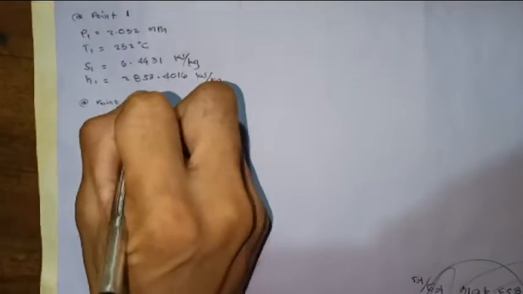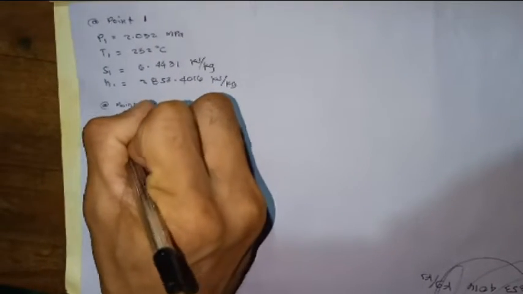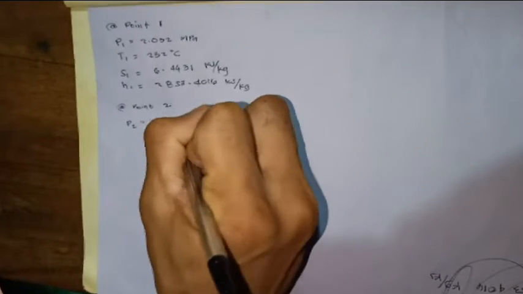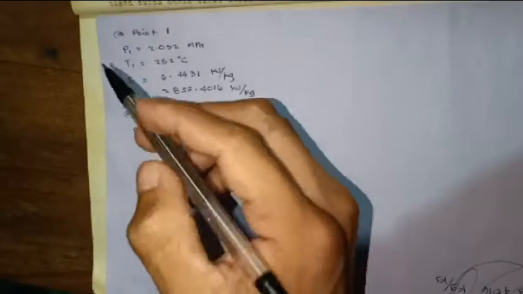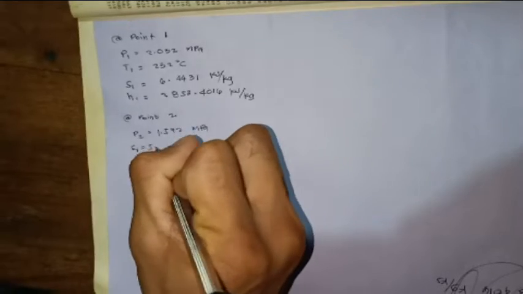So let's proceed to point 2. At point 2, we have a given pressure of 1.572 megapascal, and S1 is equal to S2, it is constant.